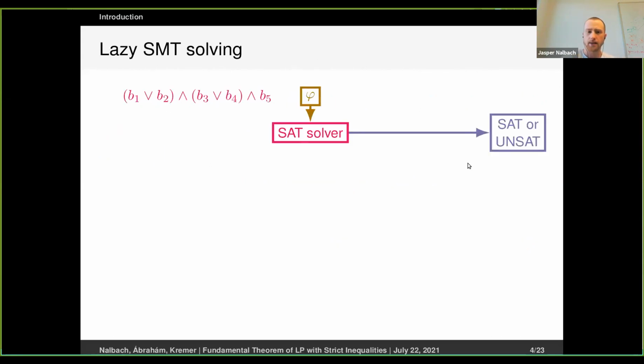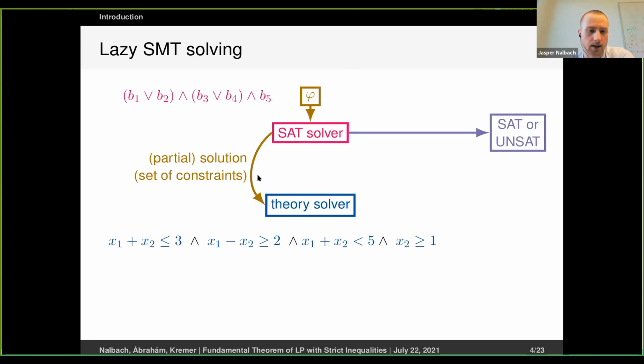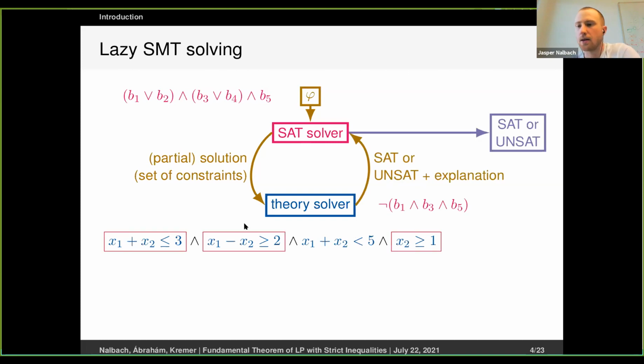In lazy SMT solving, usually first a Boolean abstraction of the input problem is computed, and then a SAT solver solves this Boolean abstraction and passes possibly partial solutions, which are sets of constraints, to a theory solver. The theory solver needs to explain whether this selection of theory constraints is consistent with the underlying theory, and either returns SAT or UNSAT plus an explanation in terms of a subset of the constraints that it received.